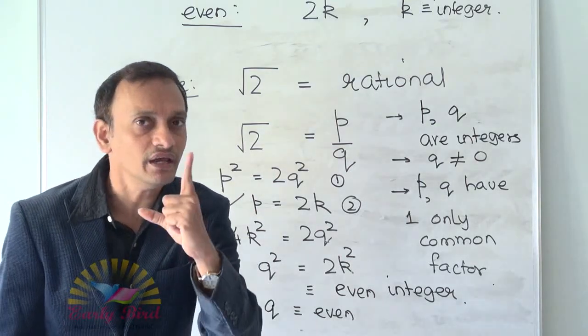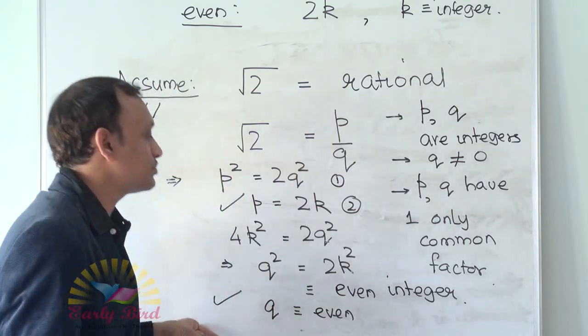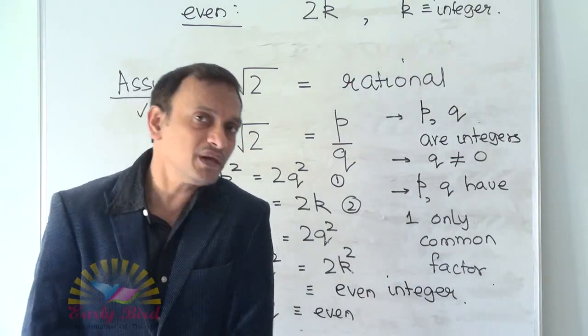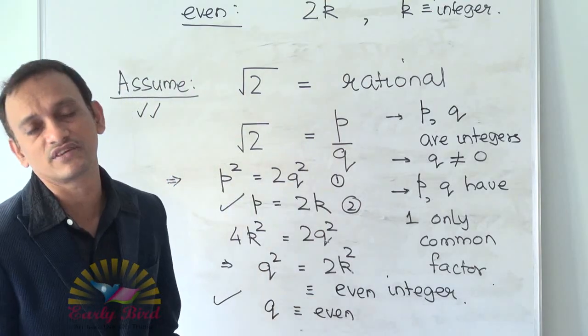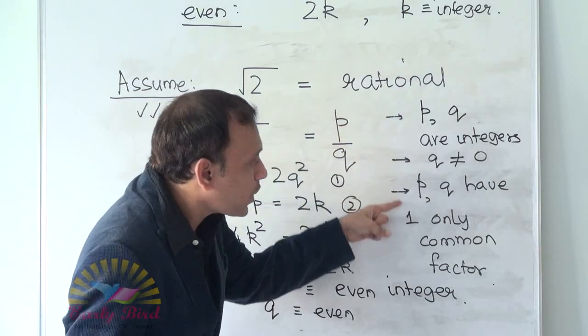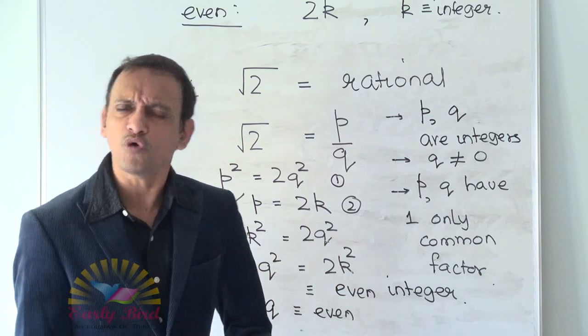That means they have only 1 as the common factor, but it turned out by suitable manipulation that p and q have 2 as the common factor. That means p and q are no longer relatively prime, and it leads to a contradiction. Therefore, what must be the problem?